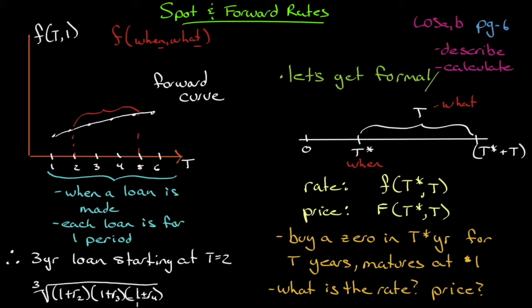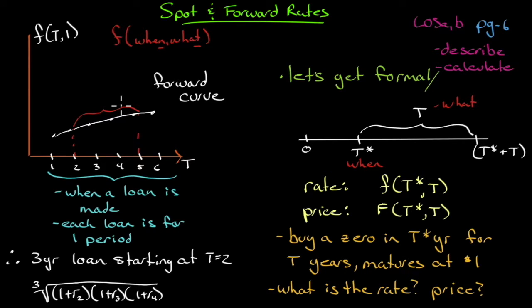This is just compounding and then finding the third root to figure out what the rate is. A constant, annualized rate per year over those 3 years should equal, say, $1 invested at this rate, then reinvested at the next rate, then reinvested at the next rate, should be equal to one rate that's the same all through. So we can figure it out.